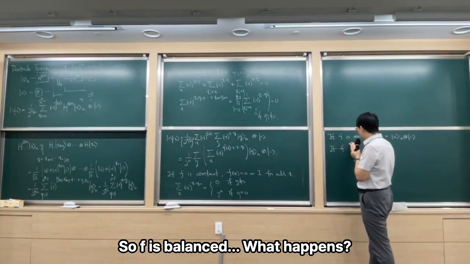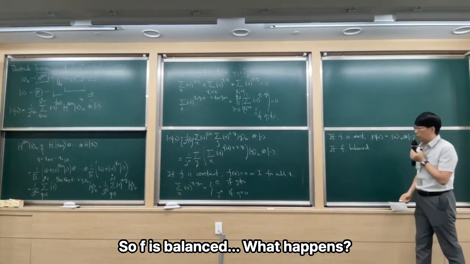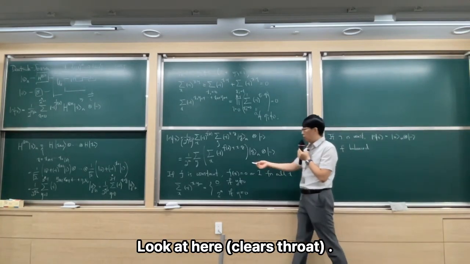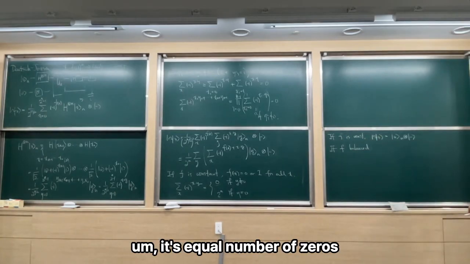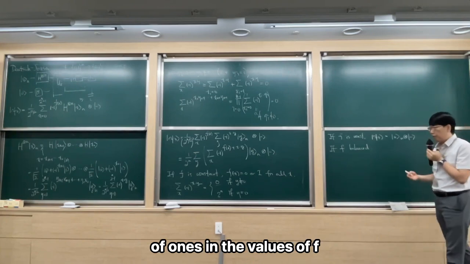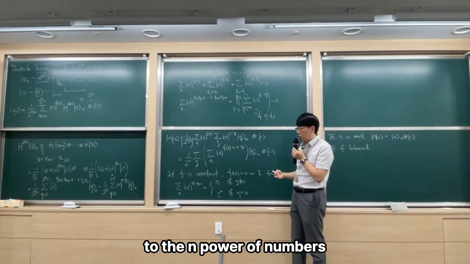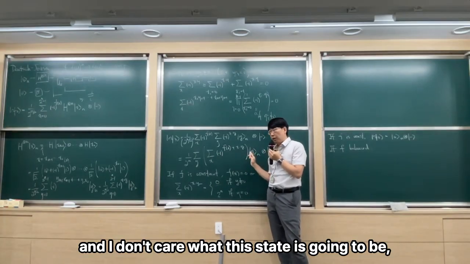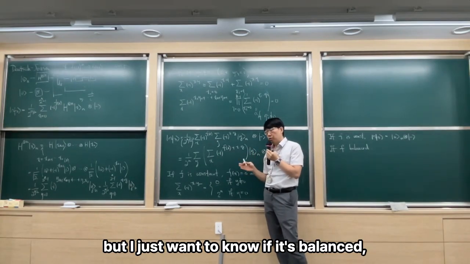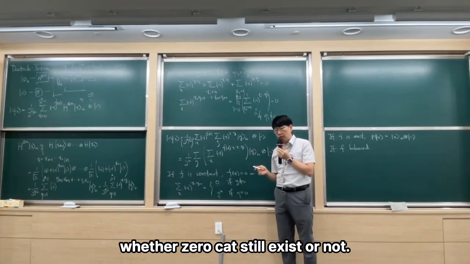So f is balanced. What happens? Look here. Balanced means that there is an equal number of zeros and ones in the values of f whenever you plug in 2 to the n numbers. I don't care what this state is going to be, but I just want to know, if it's balanced, whether the 0 ket still exists or not.